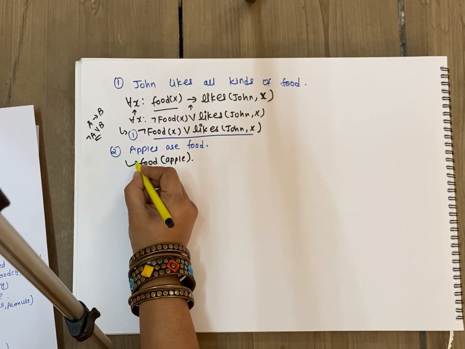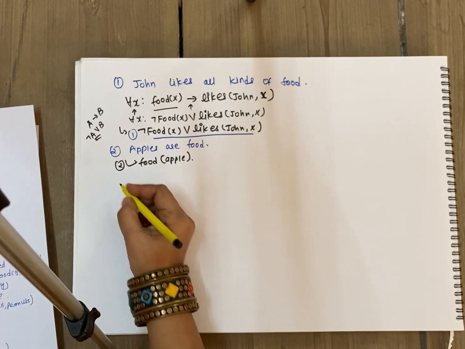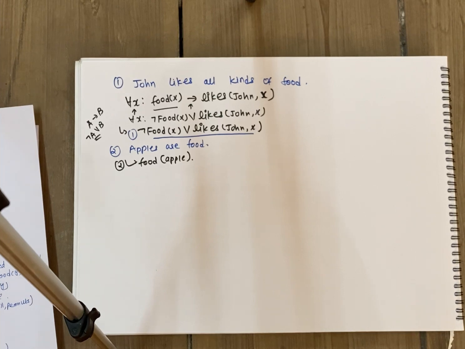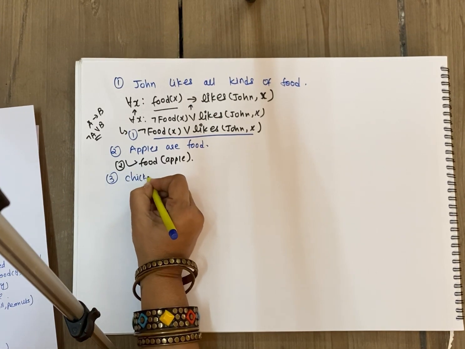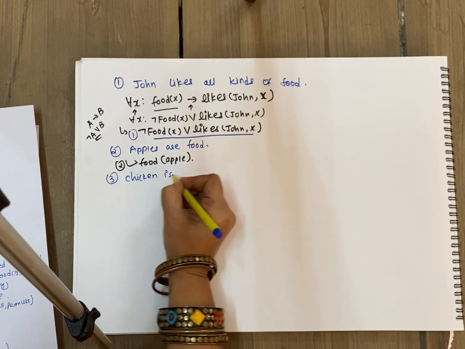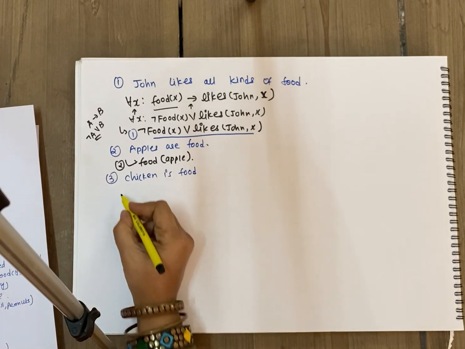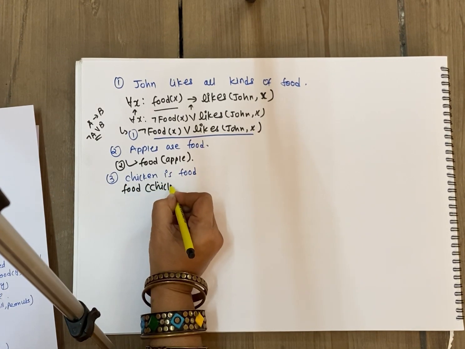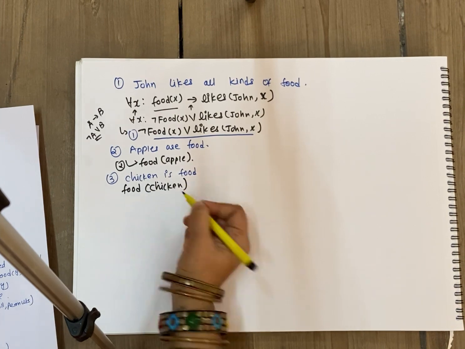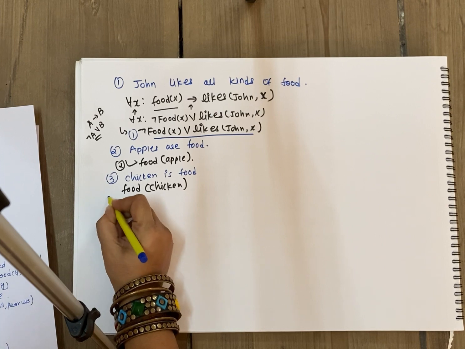So the same will be considered as the clause form also. No conversion is required. Similarly, the third fact which we are going to write over here is chicken is food. So writing the predicate for this, it is going to be written as food, chicken. Okay. Now what happens over here? Once again, this is the simplest possible predicate and hence it is not going to be converted to clause form.